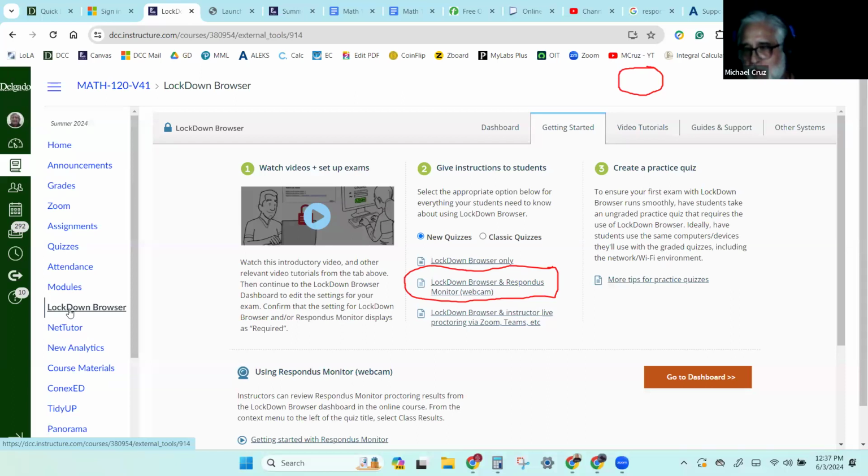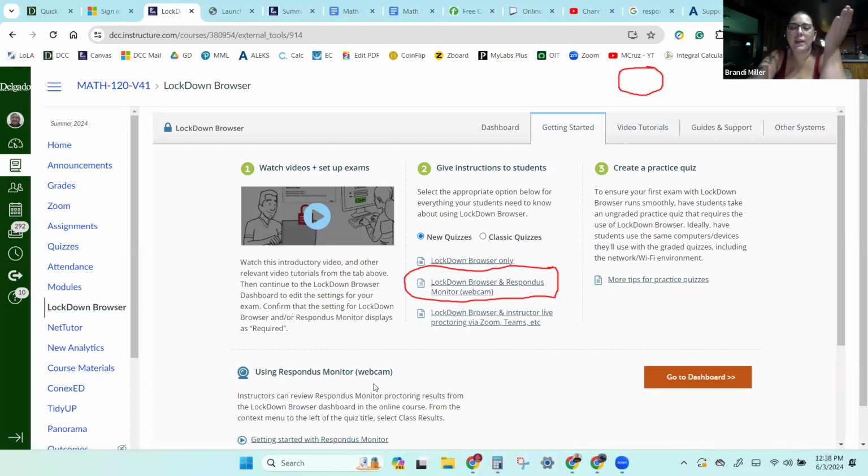So Brandy, did you get yours working? I'm curious about what link you did, but I think I found a workaround because in Canvas, in the lockdown browser section, they've got the information right there. So somehow you got it right. No, I just went back and I selected the Mac because I have the Apple Mac. Oh, okay.